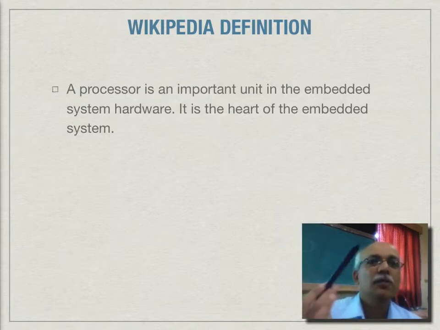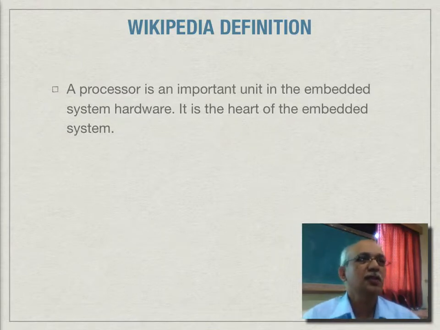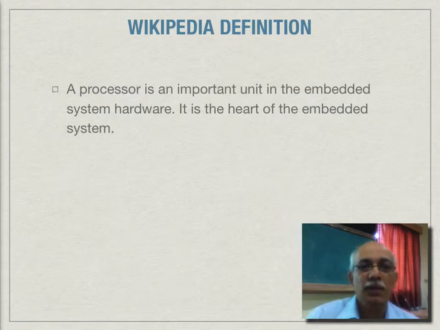This pen is also an embedded system because it has some kind of intelligence, right. If you want to have intelligence in a device, you must have a processor and associated software. This is common understanding. So, that is the heart of the embedded system.